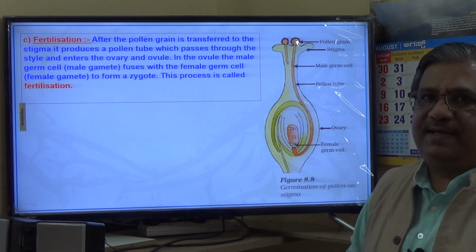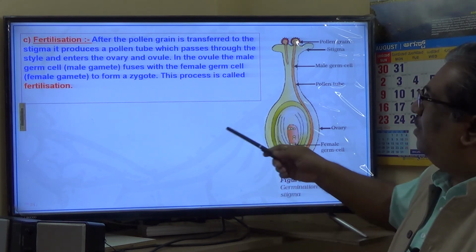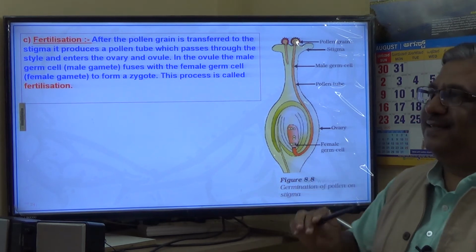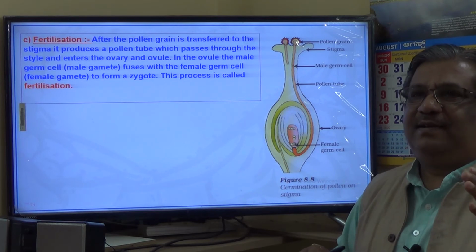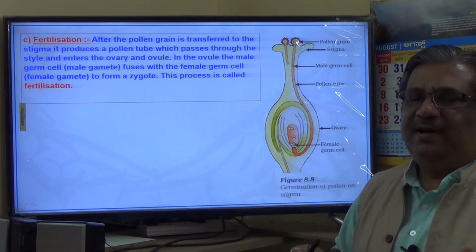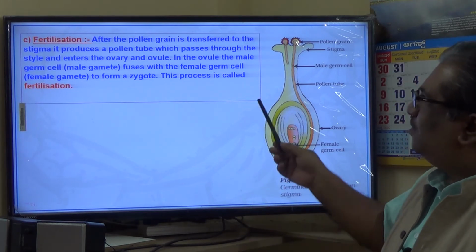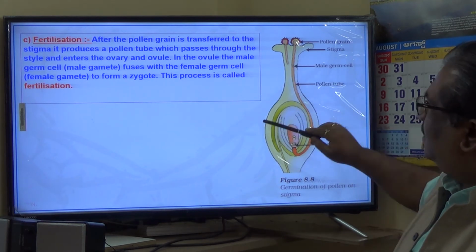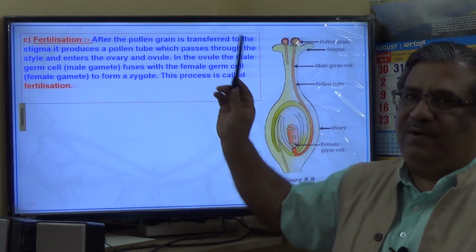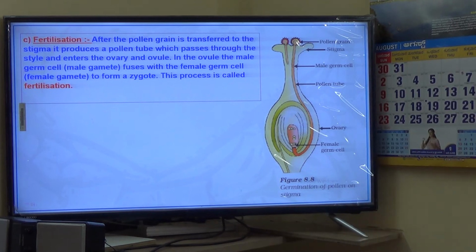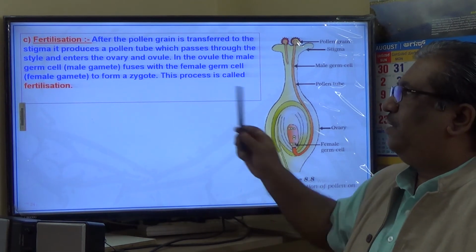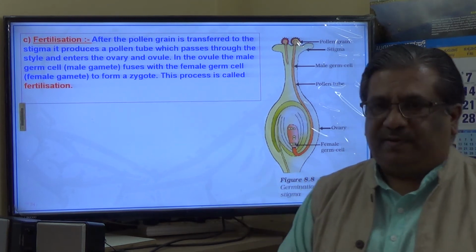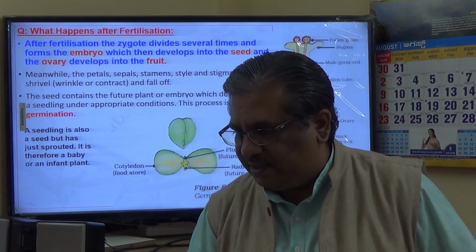What happens after fertilization is a big question, and generally one question appears for that. So my request would be to study this and make a small note of it, and then we'll go to the next slide. I hope till this point, till fertilization, it is very clear. Okay, let's go to the next slide.